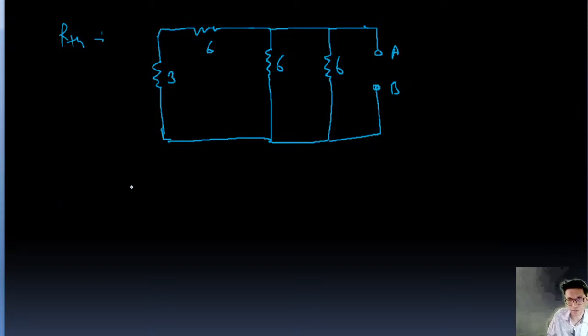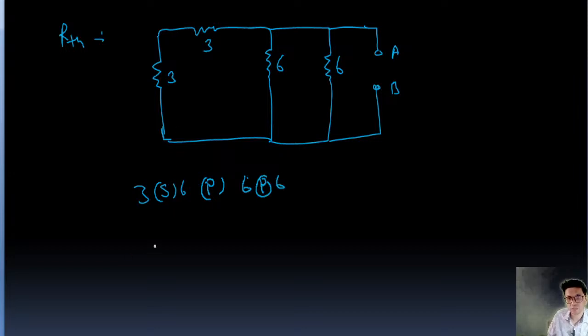So 3 is in series with 6. Okay, sorry, this is 3 kilo ohm. Then 6 is parallel with 6.